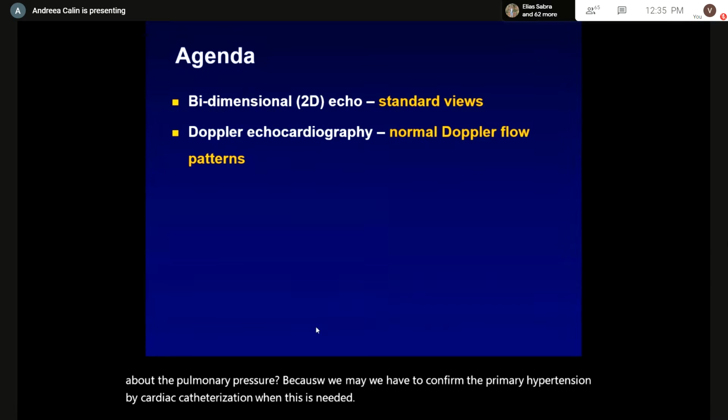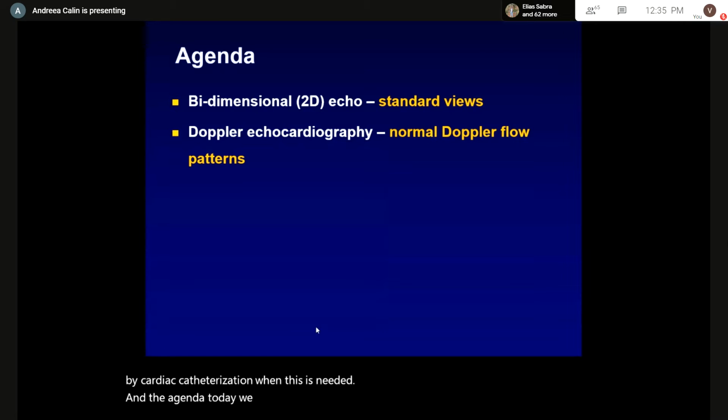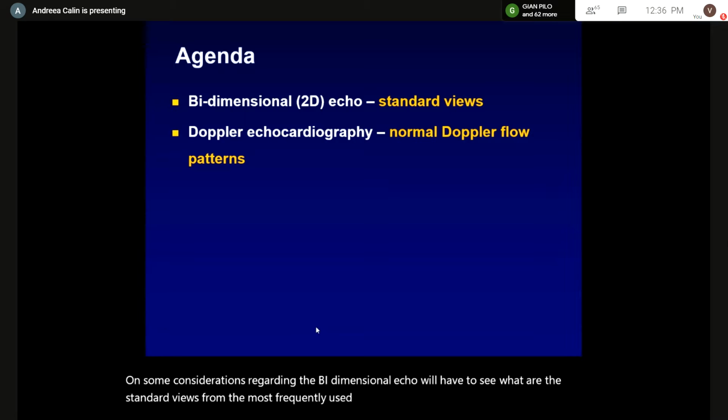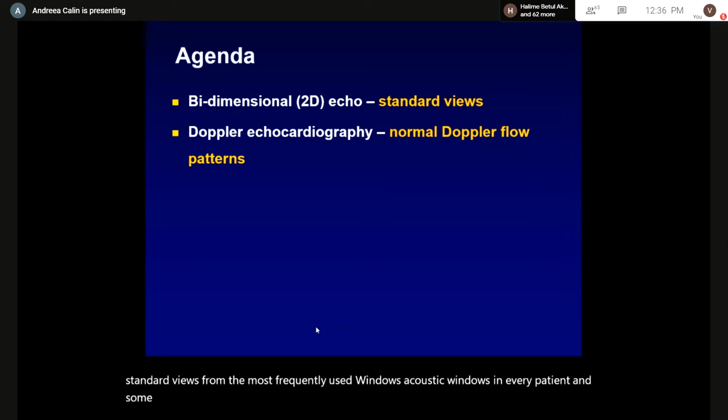And the agenda today refers to some considerations regarding the bidimensional echo. We have to see what are the standard views from the most frequently used acoustic windows in every patient, and some data regarding the Doppler echocardiography.